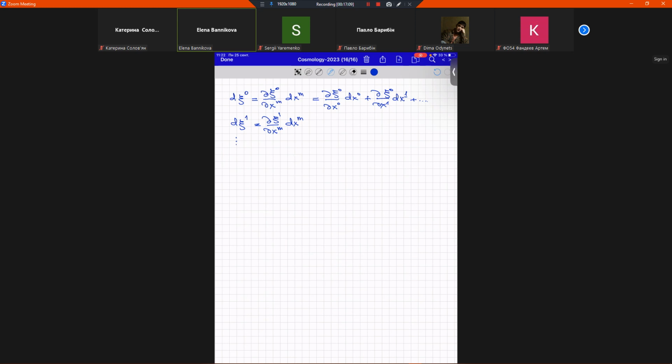So this is the relation between the coordinates of the vector dxc and the coordinates of the vector dx.